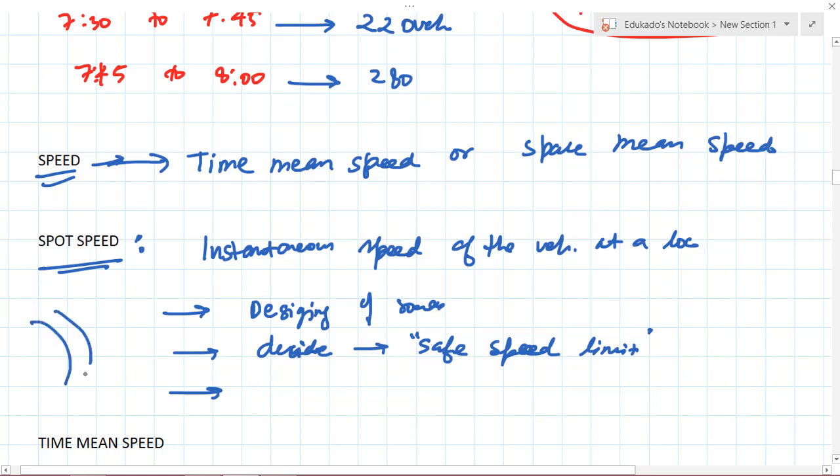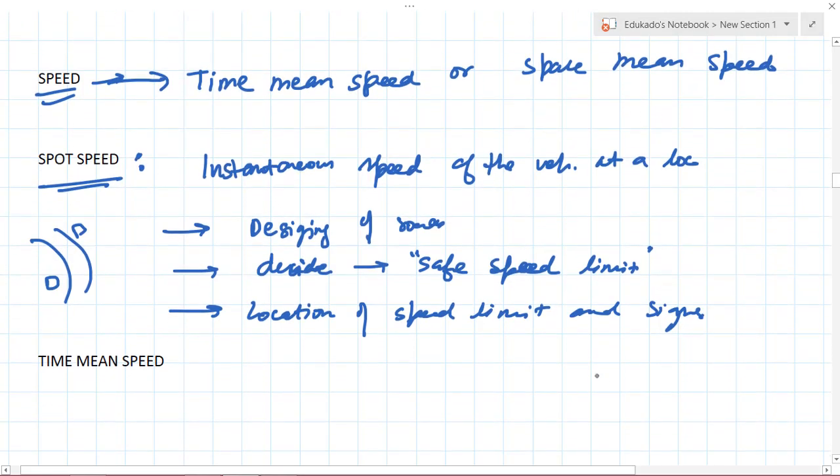If there's a road like this and you are providing some signs over here and here that reduce the speed, you need the location. To calculate the location, you need to know the instantaneous speed of a vehicle at that particular location. That's all the spot speed is: at a particular spot, what is the speed of that vehicle? So for the location of speed limit and signs, the spot speed is also used.